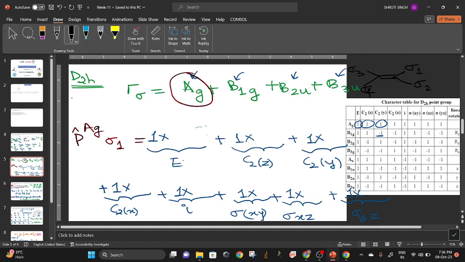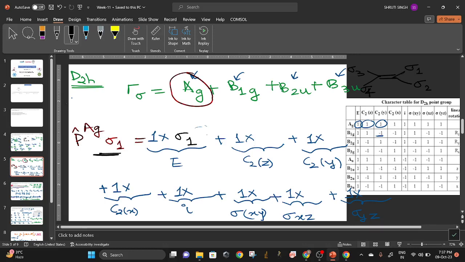Now the first operation is E. What will happen when E applies on sigma 1? Don't see the 4; we have applied the projection operator only on sigma 1, so just concentrate on sigma 1. What happens to sigma 1? Does it remain the same or change? It remains the same, so we have to write sigma 1 here.